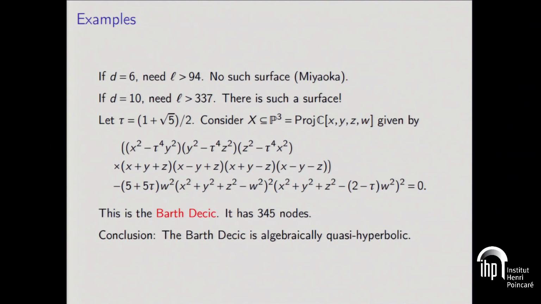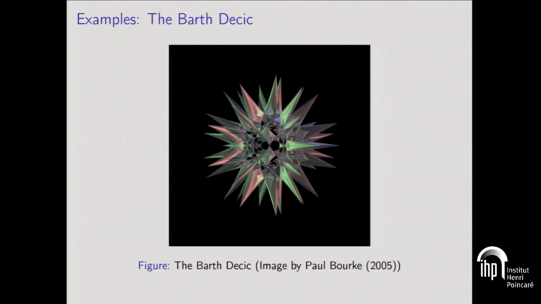It's quite nice. The Barth Decic has 345 nodes, and so the conclusion is that the Barth Decic is algebraically quasi-hyperbolic, for example. And here is a picture of the Barth Decic. Of course you see spikes there. You should really think of them as nodes. There's a cone that comes out the other end, it was just cut off at that point.